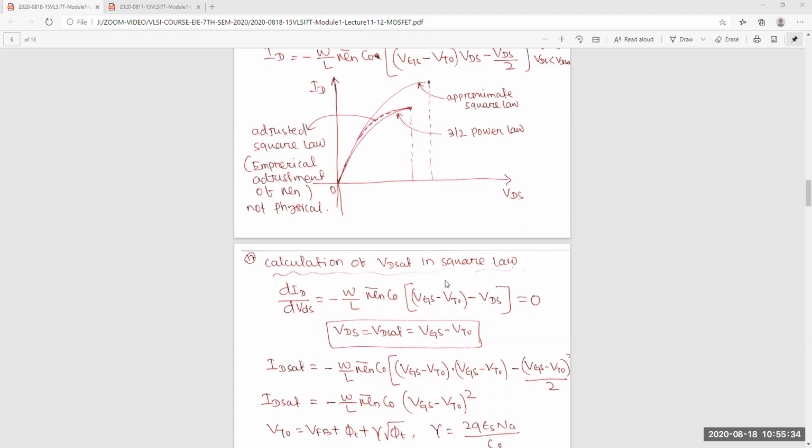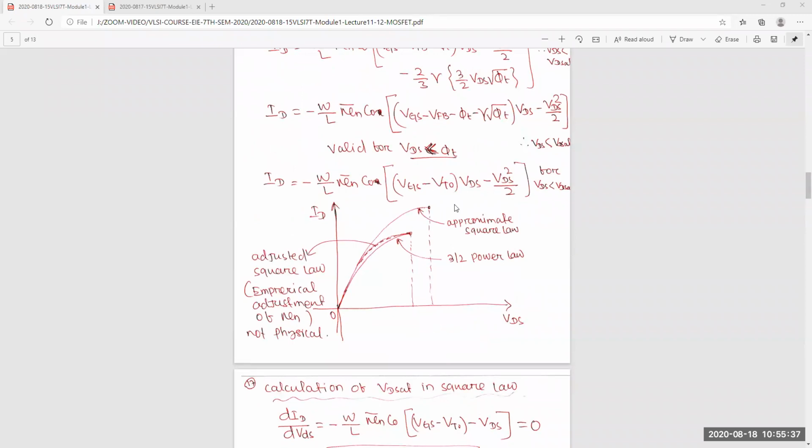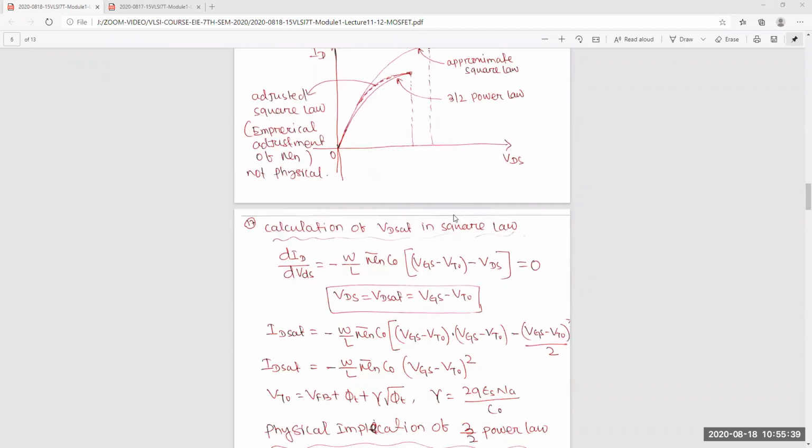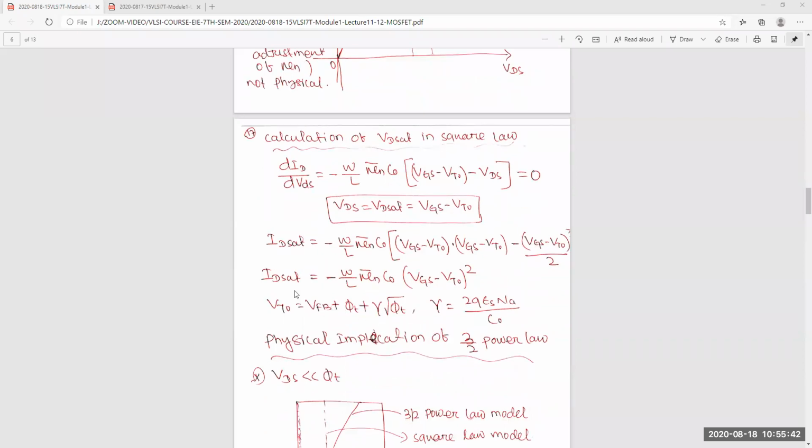If you put this VDSAT in place of VDS in the equation, finally you will get this equation. Again, I am saying forget about this negative sign; it is only because the current is flowing in this direction. So this is your ID SAT, and a 2 will be there.